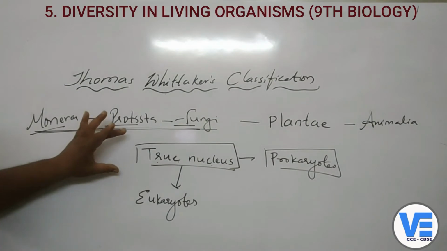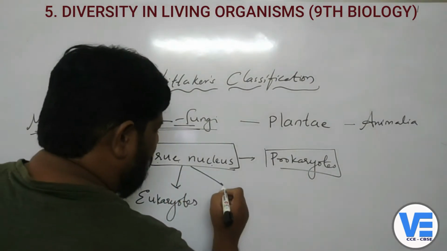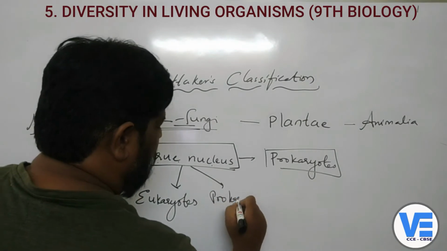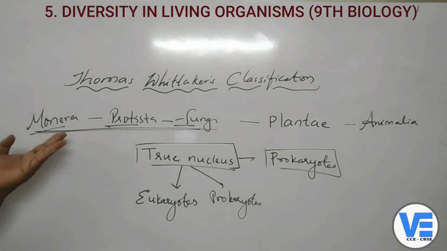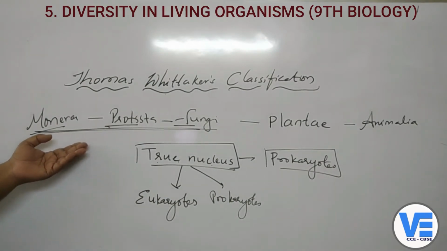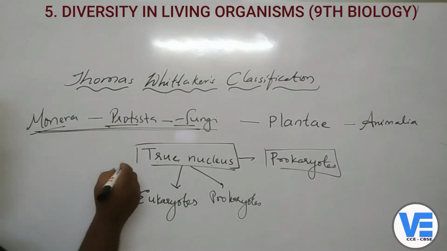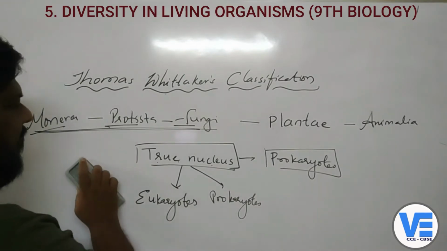On the basis of the presence of the true nucleus, that is eukaryotes and prokaryotes, he divided the organisms into different kingdoms. Okay, so what he did here is the organisms which are unicellular, okay, the organisms which are unicellular, let me rub this one.